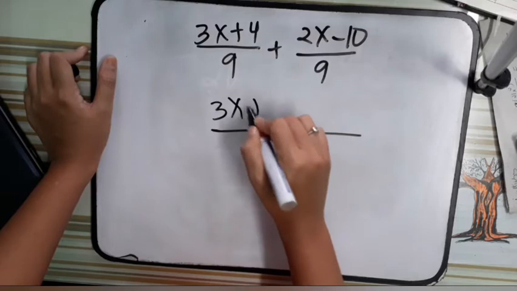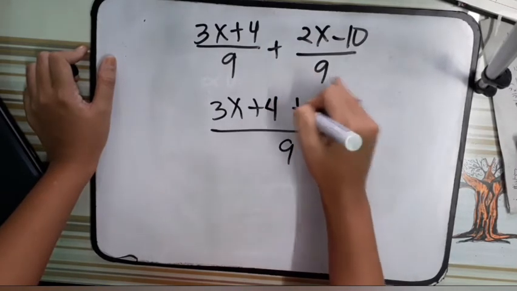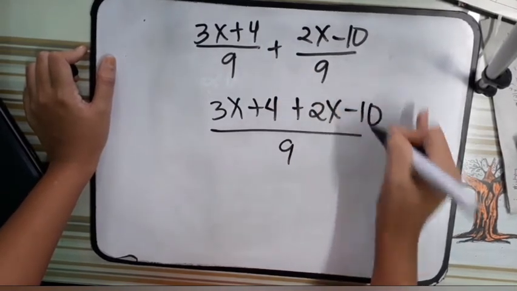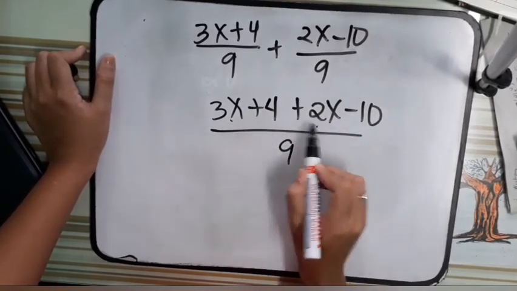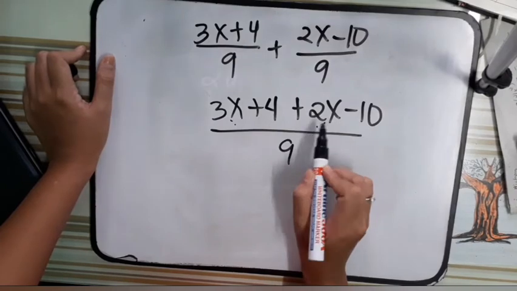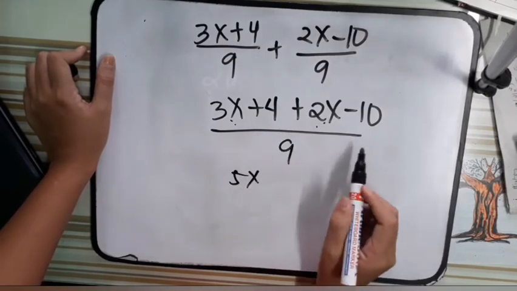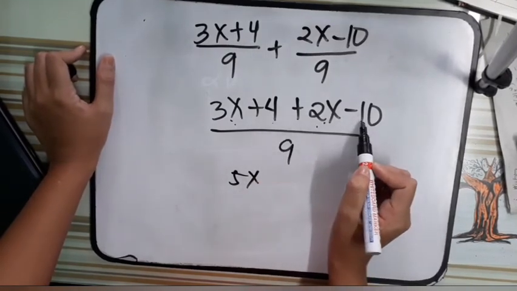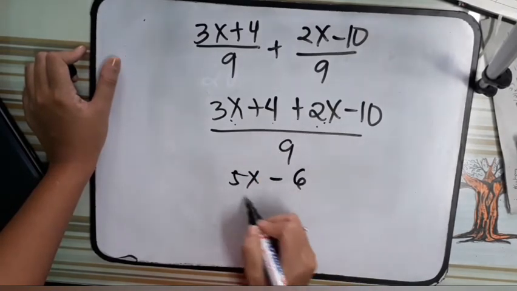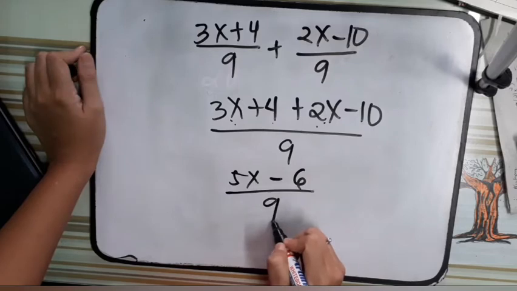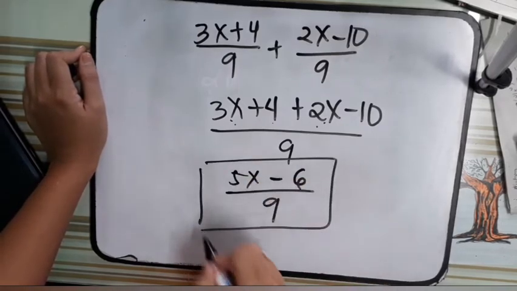So we have 3x plus 4 plus 2x minus 10. In adding this, we need to combine like terms. 3x and 2x are like terms, so we combine them. We have 5x. 4 and negative 10 are like terms, so 4 minus 10 is equal to negative 6 over 9. That is our answer.